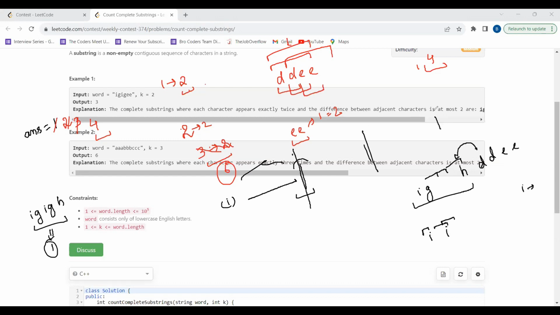Now we'll partition the whole array like this. Second, we'll check for one unique character occurring exactly k times, two unique characters each occurring exactly k times, three unique characters each occurring exactly k times. We'll check all of these cases for each substring, and then we'll reach our final answer.